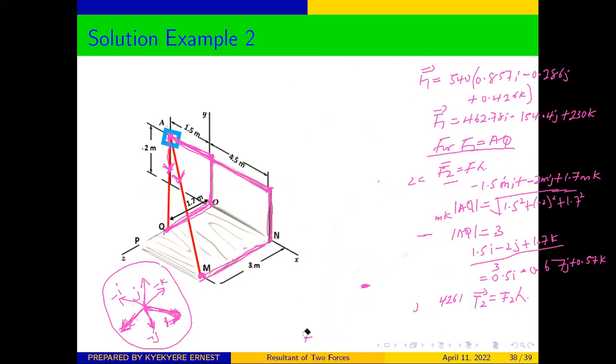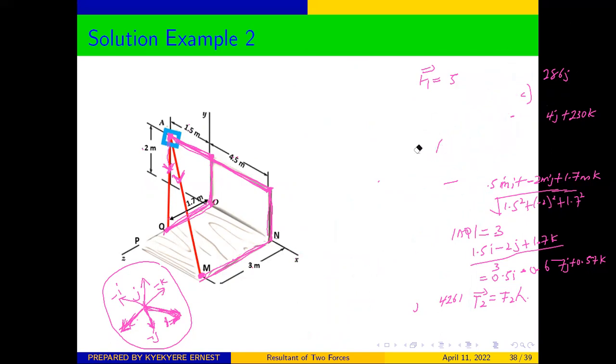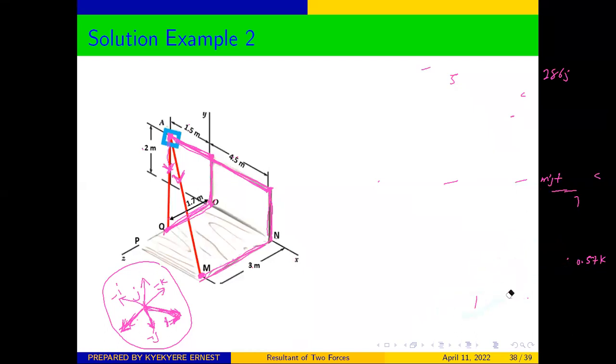So now, if we want to get our F2 in the vector form, then we just multiply our direction cosine by.